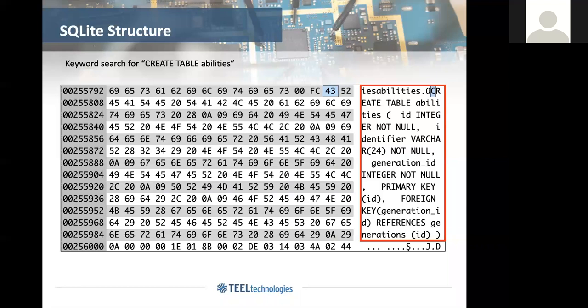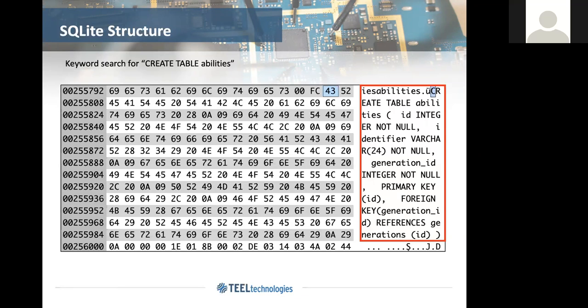If you look over in the ASCII portion related to the HEX, you can see that it says CREATE TABLE abilities, and then you see the actual creation or the foundation of how that database was created, with its tables and all of the structure. You're going to see if your column is an integer, if it's text, and so on. This is just the basic creation of the abilities table.